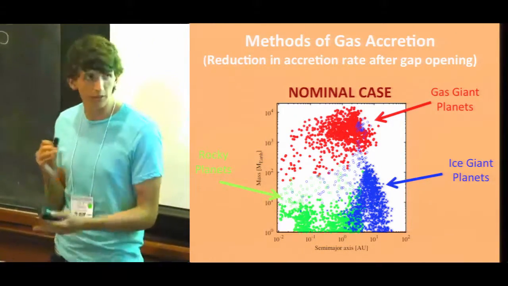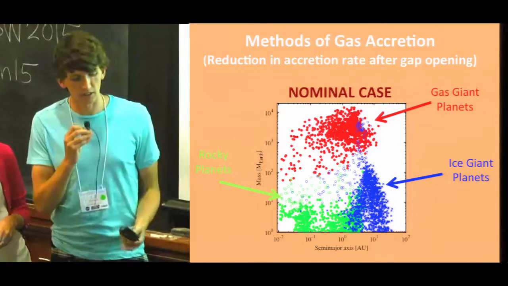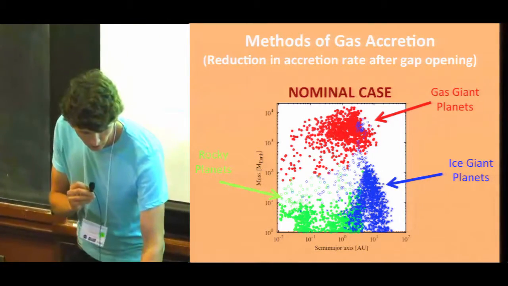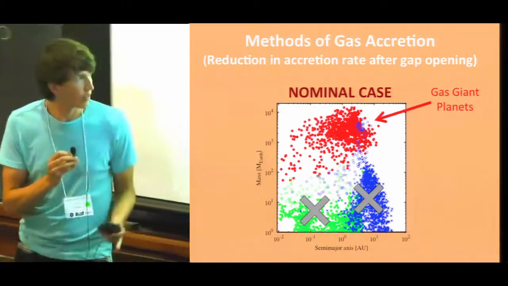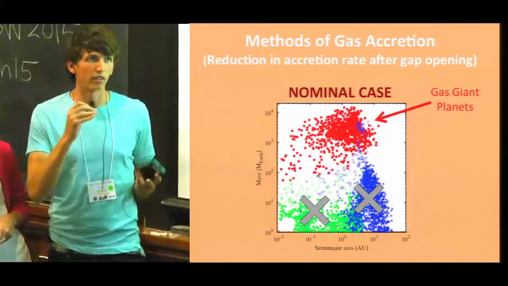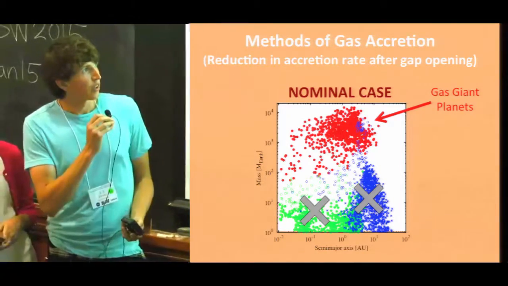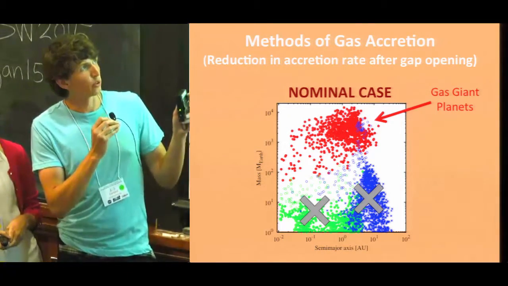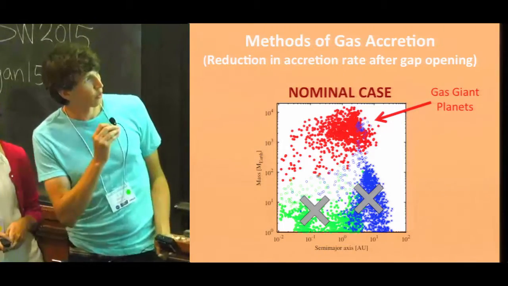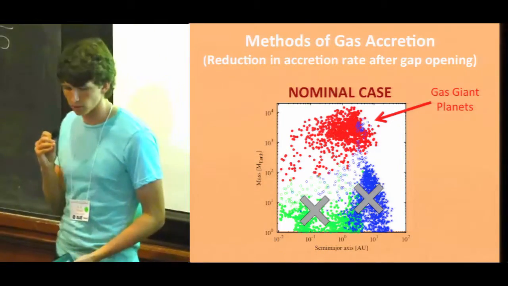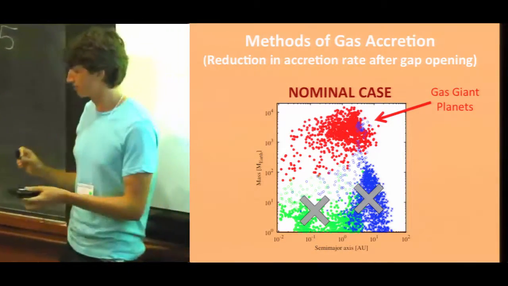And what the rest of the members of my group are going to discuss is how changing the accretion scenario when the planet stops accreting matter is mainly going to affect the gas giant planets. It's not going to affect the rocky planets or the ice giant planets.